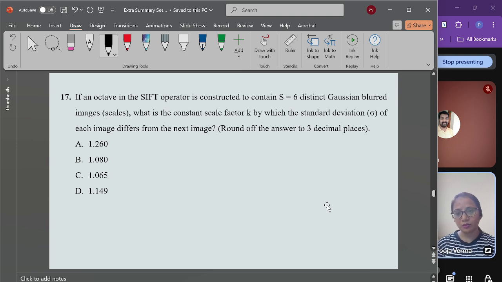Already we know that within an octave the adjacent scales differ by a constant factor k. I'm just writing here: within an octave, the adjacent scales differ by a constant factor k.